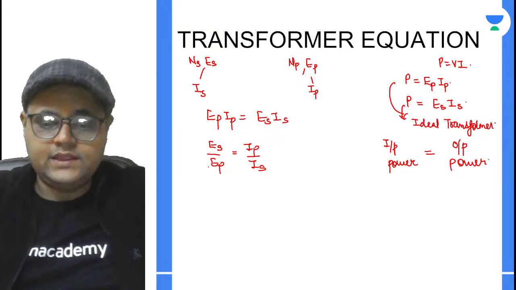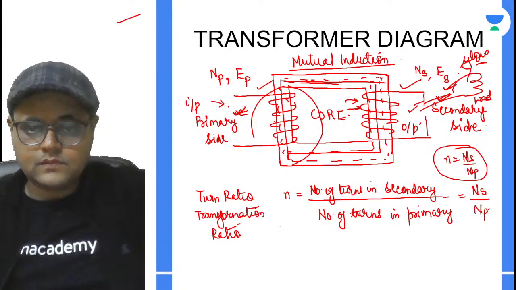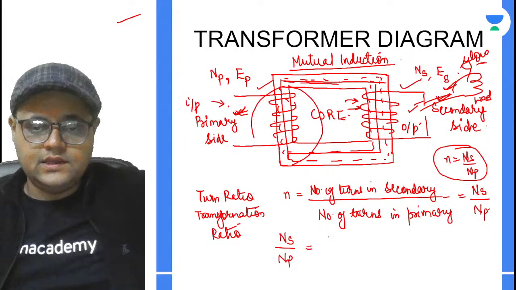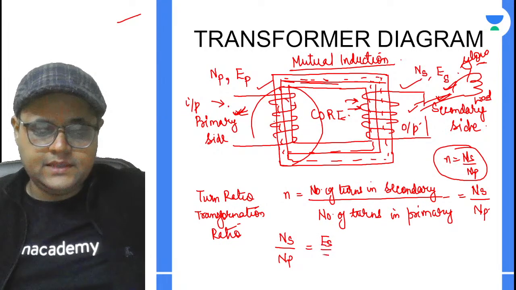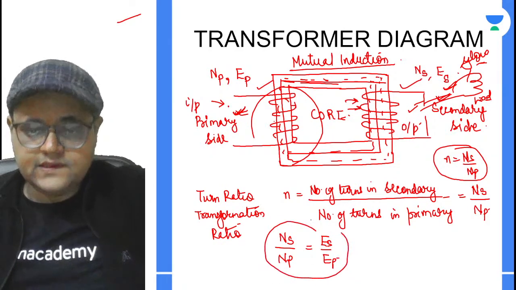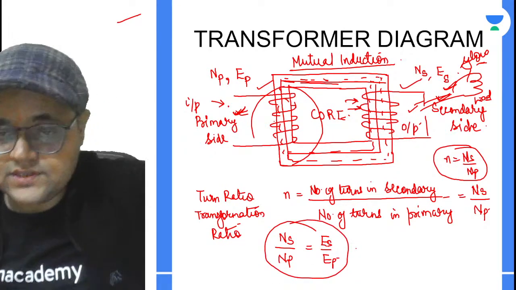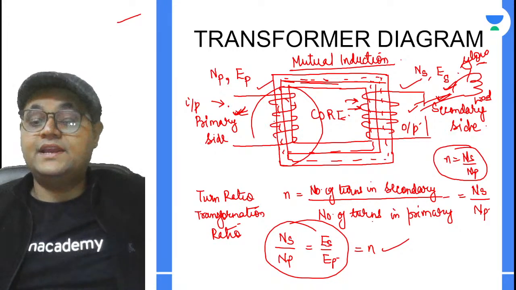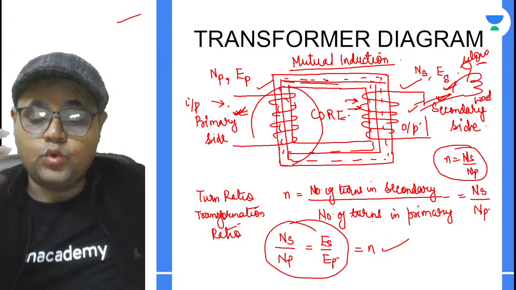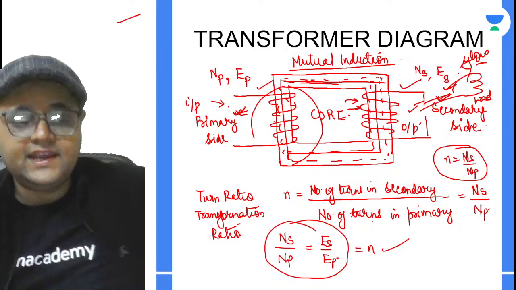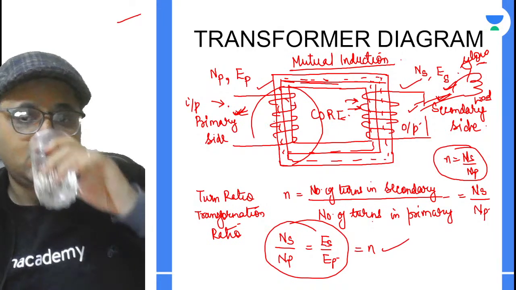Now just remember one thing, NS upon NP is always equal to ES upon EP. This combined is called the transformation ratio. Greater the number of turns, more will be the induced EMF. We have seen this in the very basic lectures of electromagnetism.